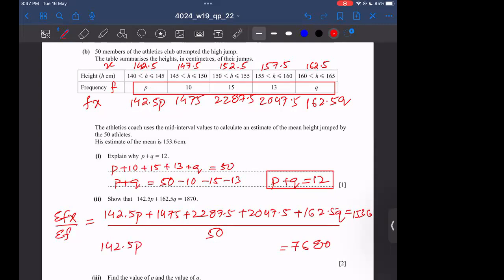P remains same, 162.5 Q remains same. Then 1475, and all these values are going to be subtracted on the left hand side. Right hand side, 17680 minus 1475 minus 2287.5 minus 2047.5.